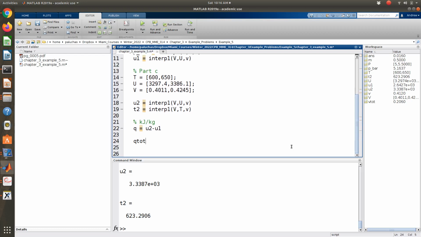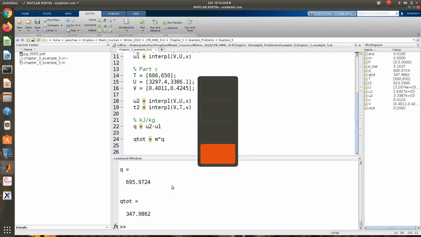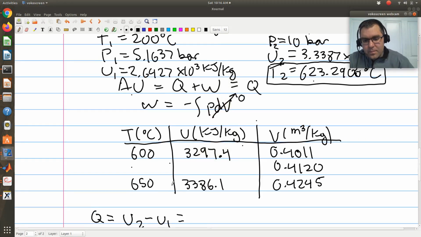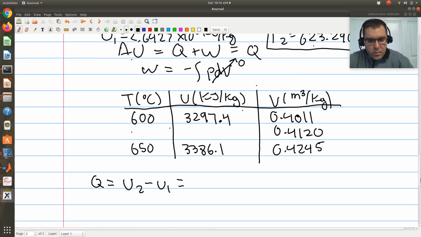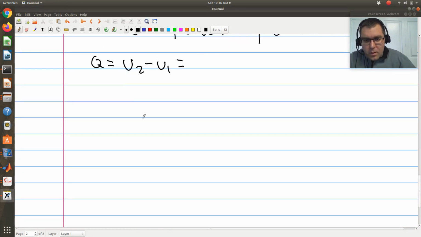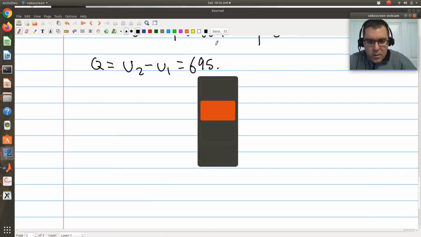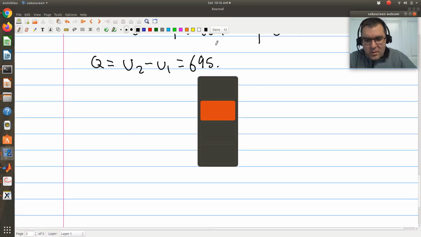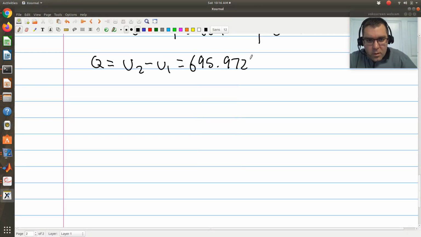If I want the total Q, it's equal to mass, which I believe we still have as 0.5, times Q. So Q is 695.9724 kilojoules per kilogram.